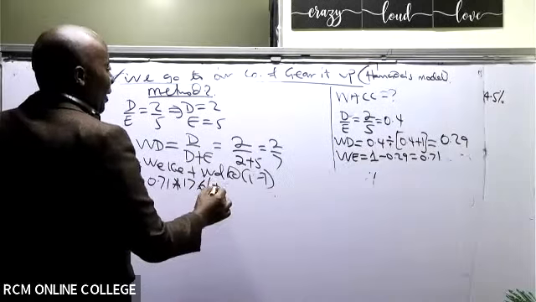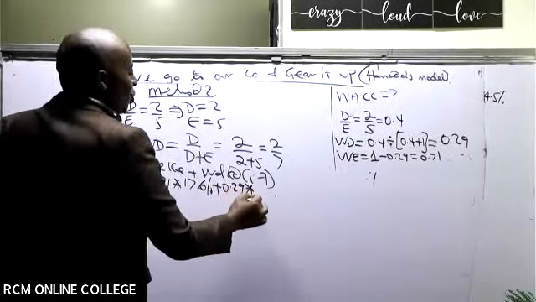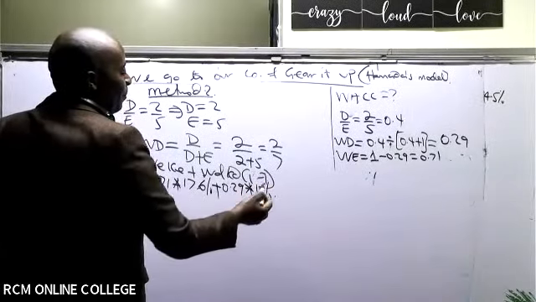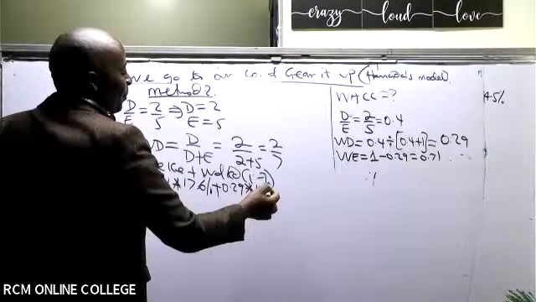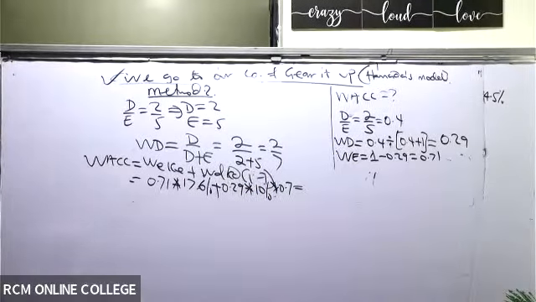Weight of debt is 0.29 times cost of debt 10%, which is risk-free, times 1 minus t, which is 0.7, which will end up giving us what figure?